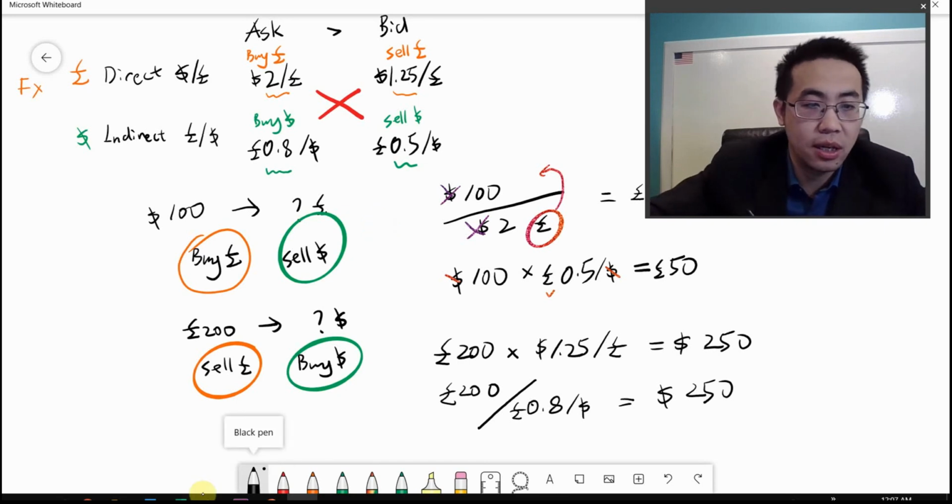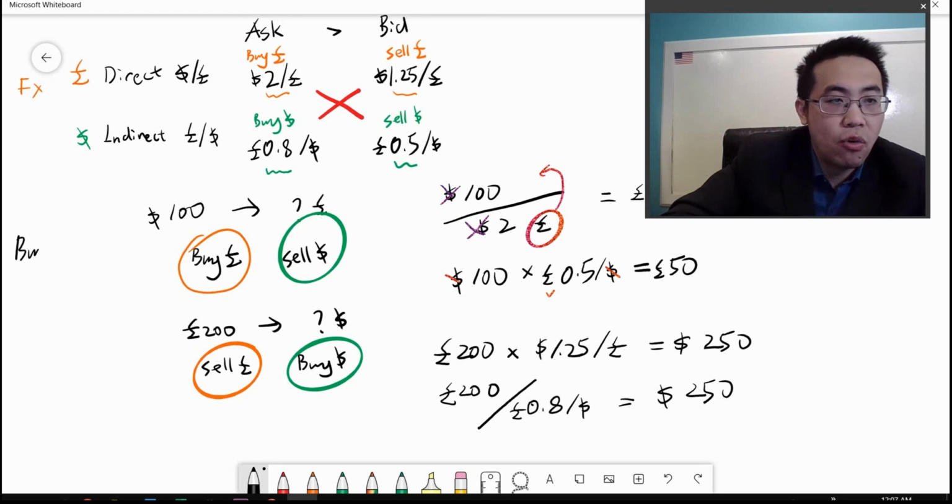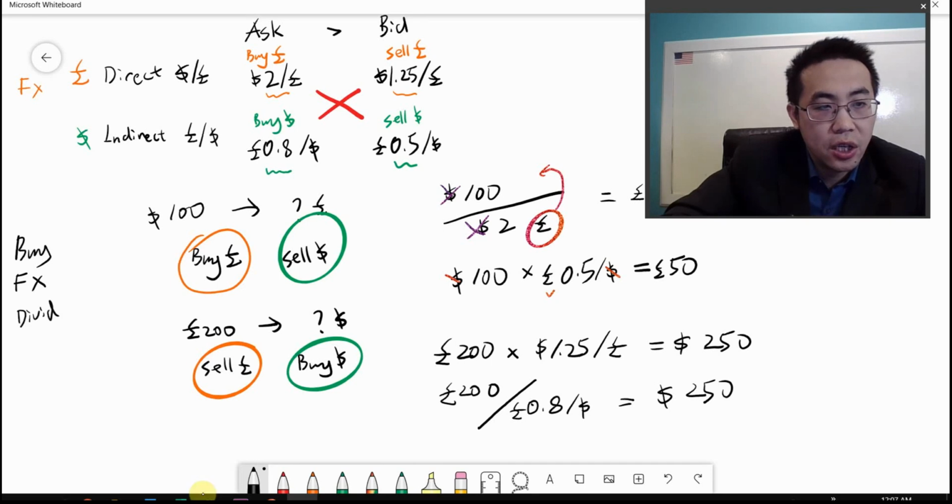Let me just write it down for you. If you are buying foreign exchange, then you will use the amount of dollars divided by, this is a divide calculation you need to do, and then you will use the ask price of the direct quote.